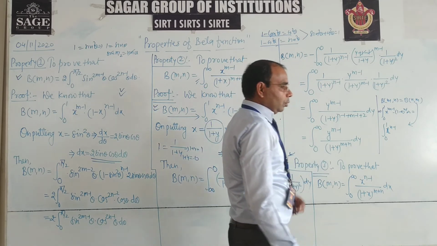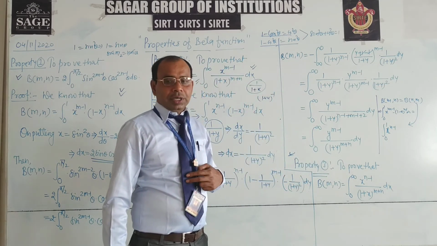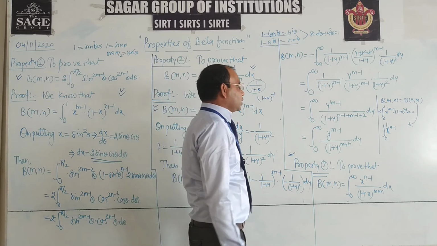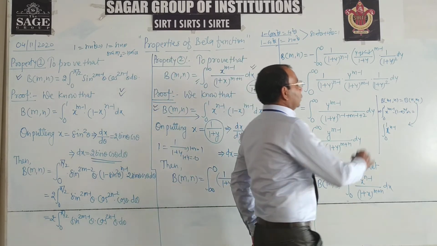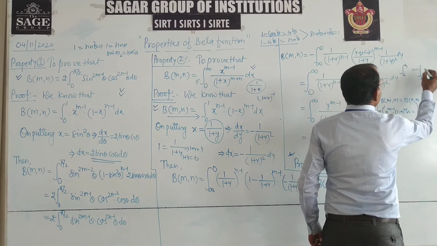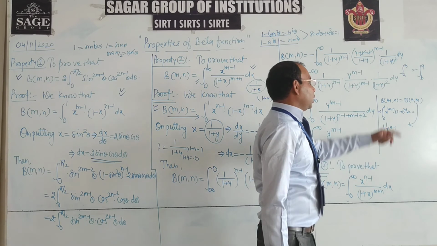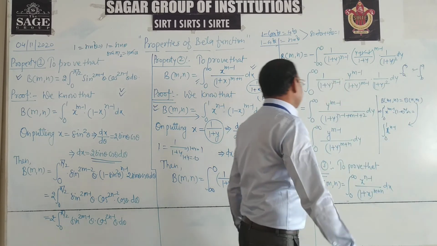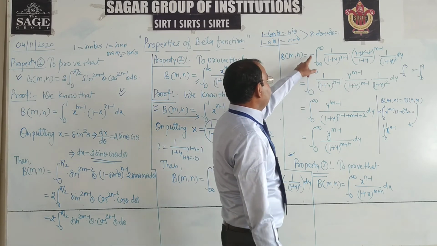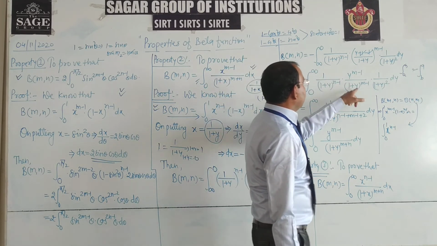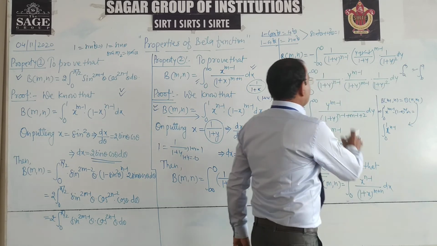Now we have seen the property of definite integral in the last video lecture: integral from a to b equals minus integral from b to a. Suppose this limit is a to b, interchange the limit, we take the minus sign. So this minus sign gives plus, integral from 0 to infinity of this and this and this.